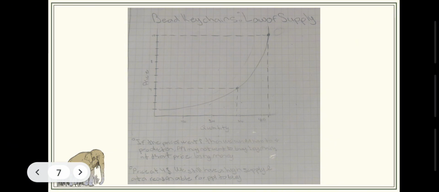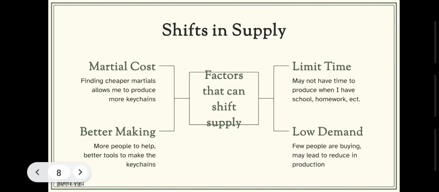But if we price it at $4, we will still have a pretty high supply, and people would be most likely to buy it because of how reasonable the price is.